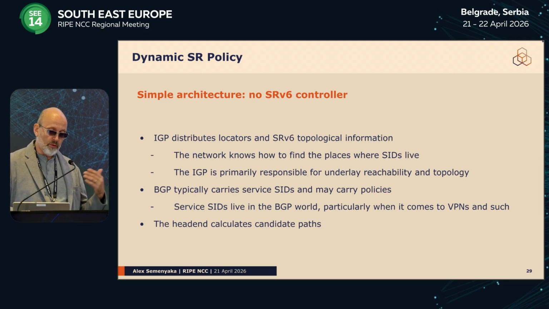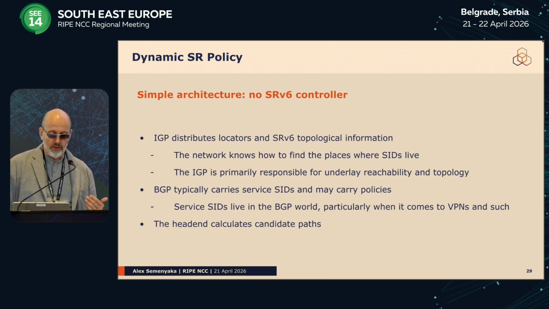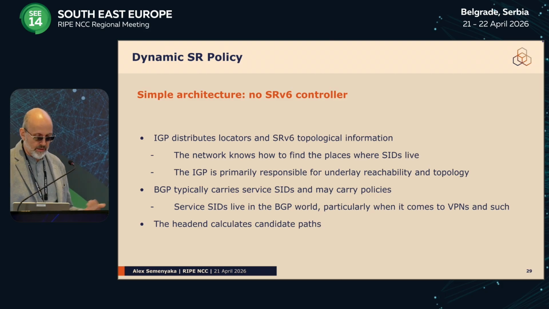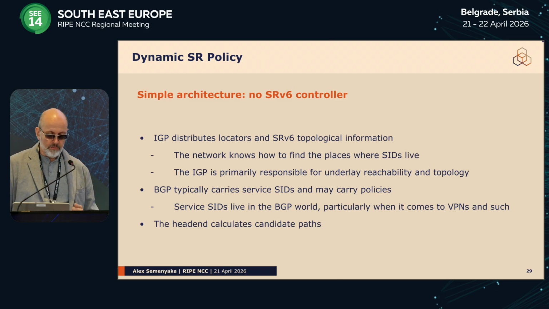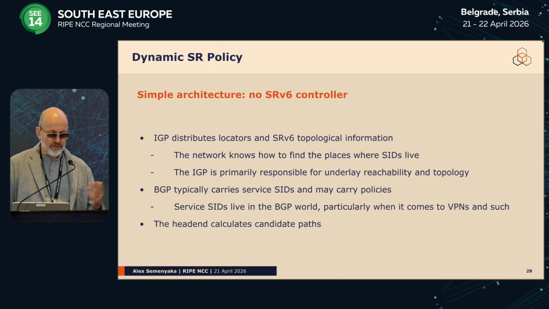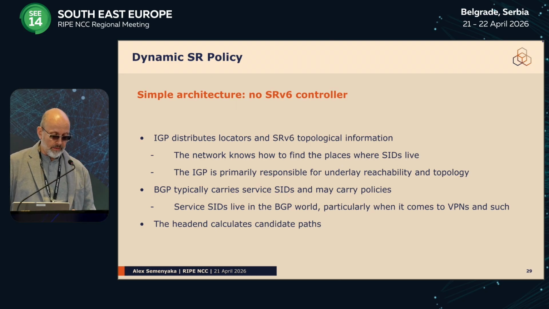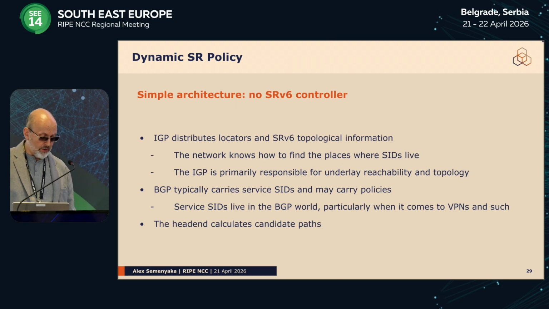But if we want to describe our services, we can also use BGP-LS, link state BGP, which is not a routing protocol, it's a signaling protocol describing the state of the network. And there we have some additional parts to describe our functions.